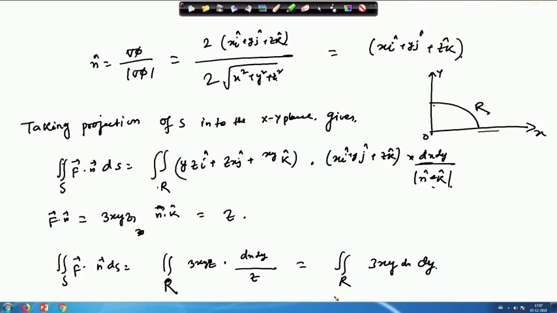we basically substitute x equals small r cos theta and y equals small r sin theta.